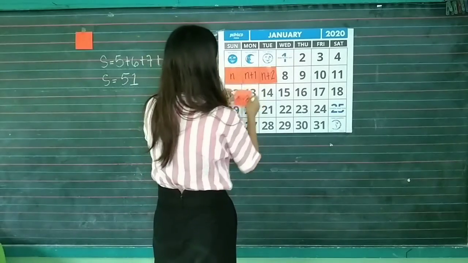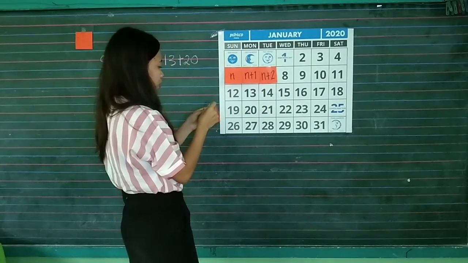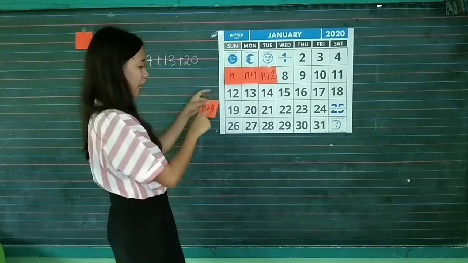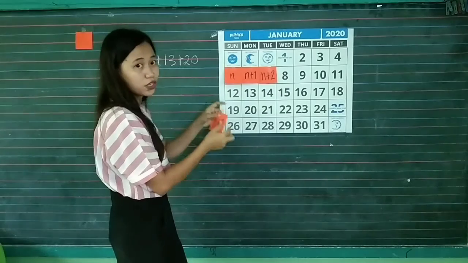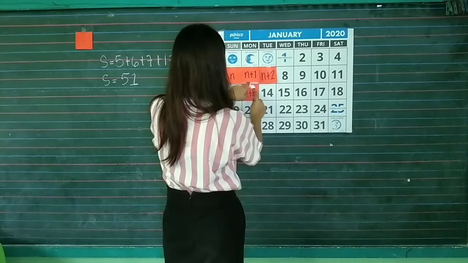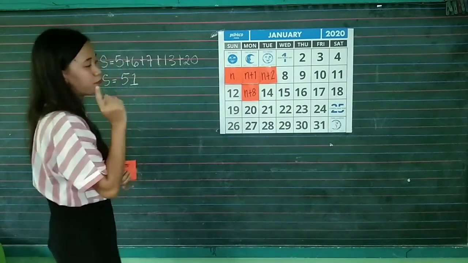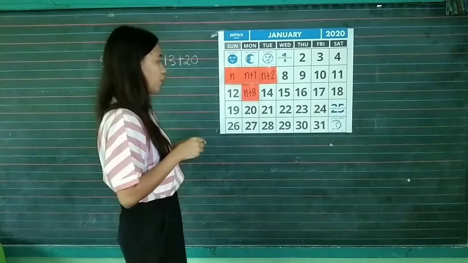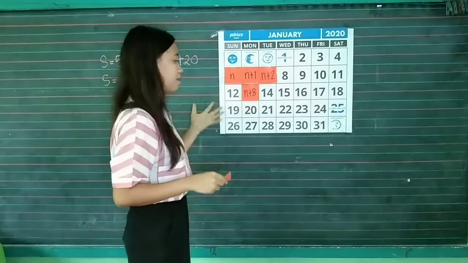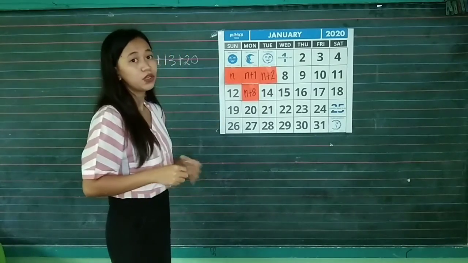So since the difference is 8, our equation is n plus 8. For the last number, the equation is the same. Subtract 5 from 20.